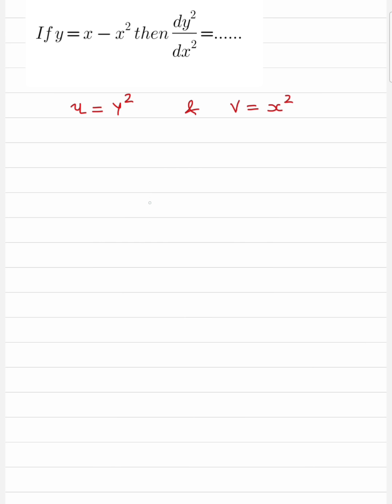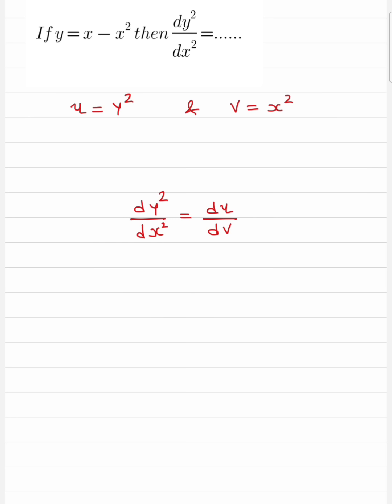So now d(y²) upon d(x²) is nothing but du upon dv, right? Du upon dv.